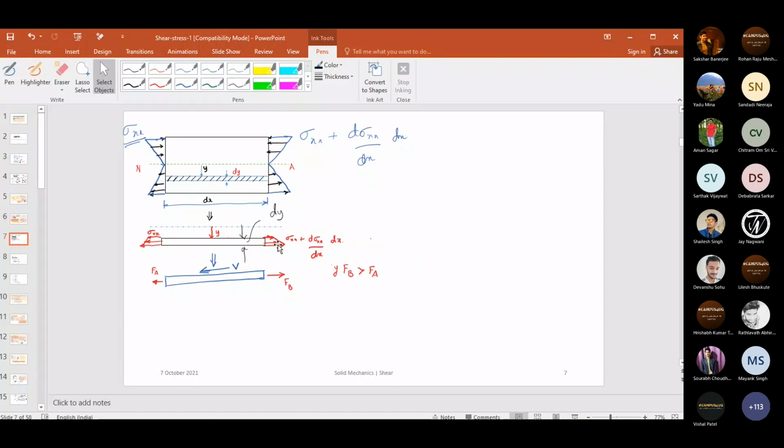So on this side you will have bending stresses if you integrate over the area. Because it is a three-dimensional figure, naturally you take a small area here.